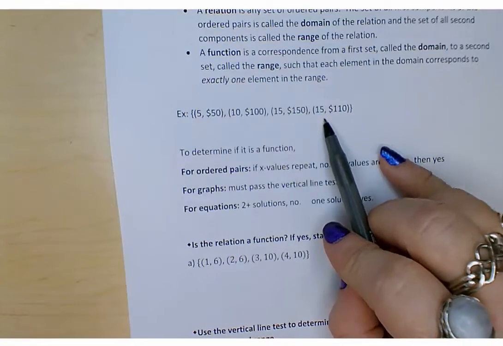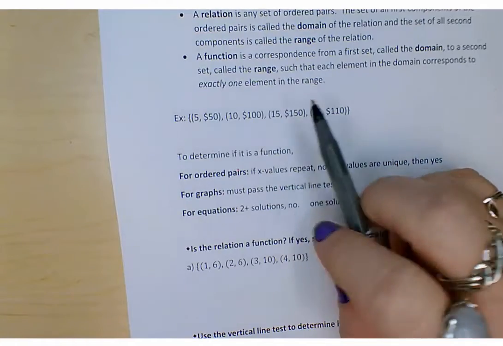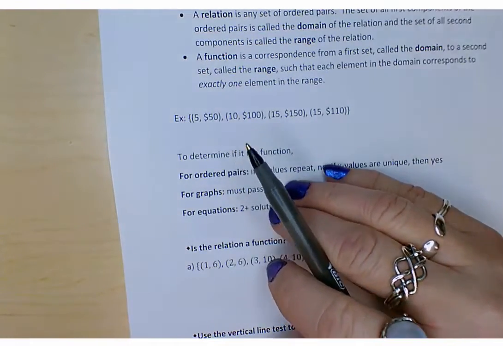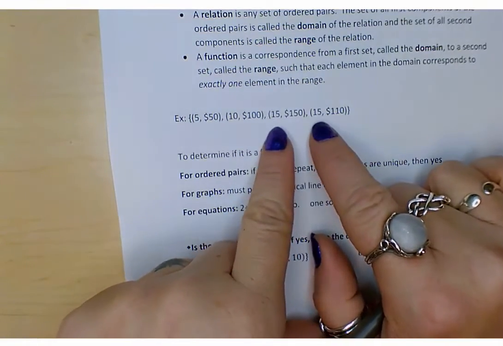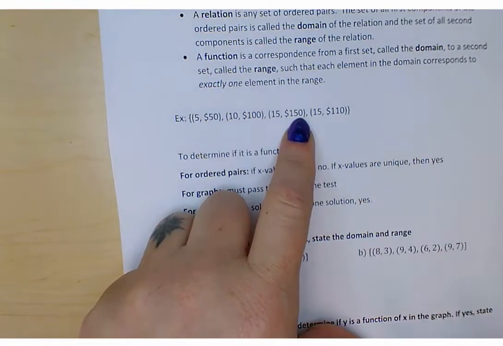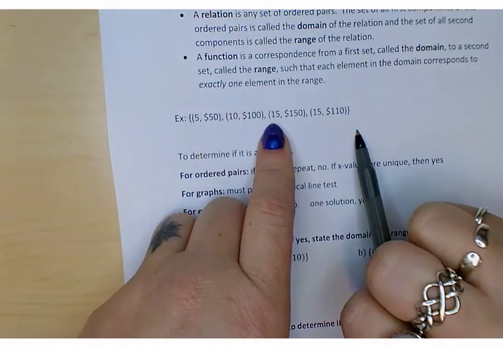And then the next week you work 15 hours, but you only get $110. If that were to happen, you would automatically go talk to your boss to see what's going on, because if you make $10 an hour and work 15 hours, you should get $150. It doesn't make sense that one week you make $150 and then the next week they only give you $110.